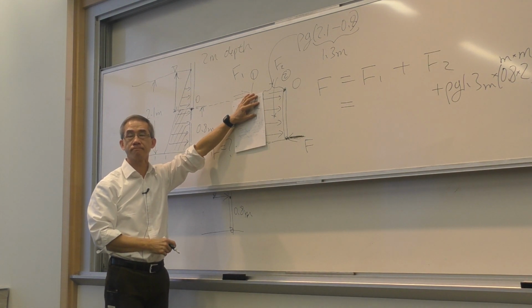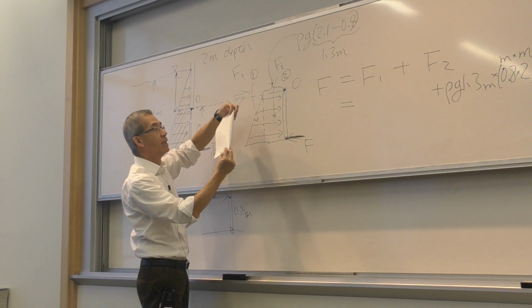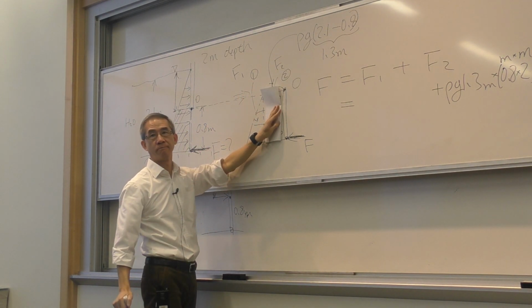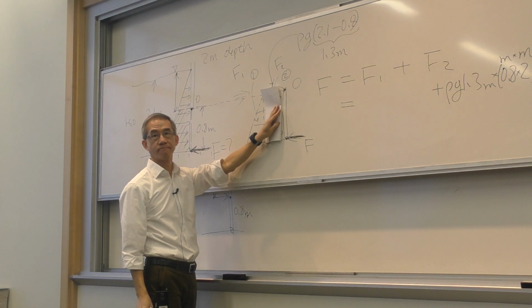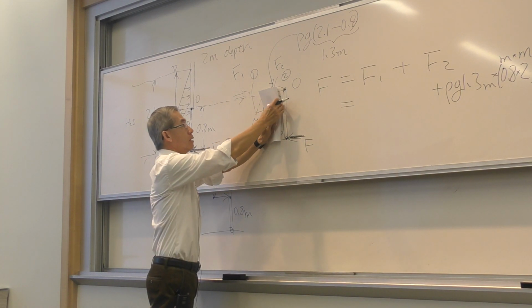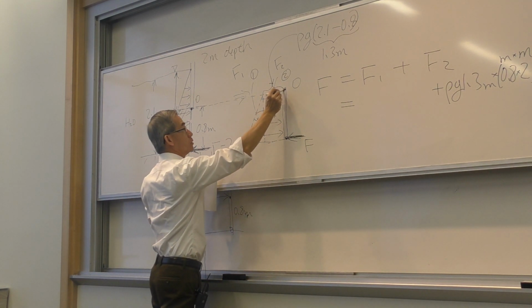But wouldn't rho g h change as you go? It changed, but that's the second piece that we'll deal with later, which is now this triangle. Do you see that? I'm breaking it up. The actual pressure distribution is dictated by this shape.